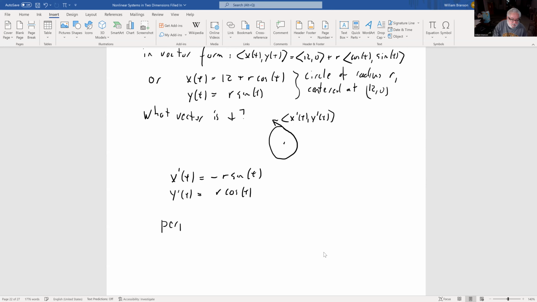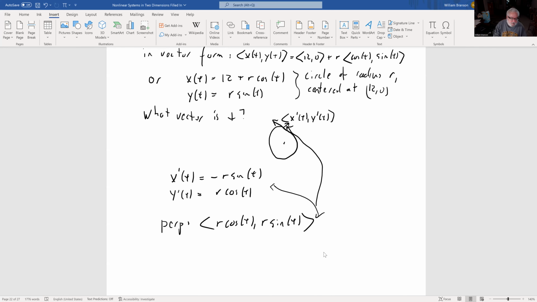So a perpendicular vector is, well, take these two components of my tangent vector, switch them, and change the sign on one of them. Right? And so this vector is perpendicular to this vector, and you can check that just by taking the dot product between the two. And in this particular case, this vector is actually the vector that points out from the circle. It's the perpendicular vector pointing out.